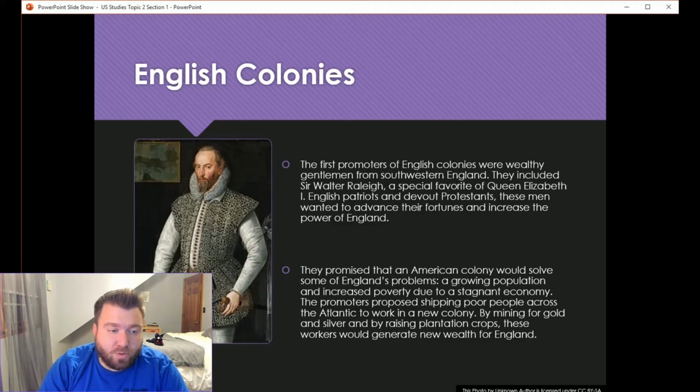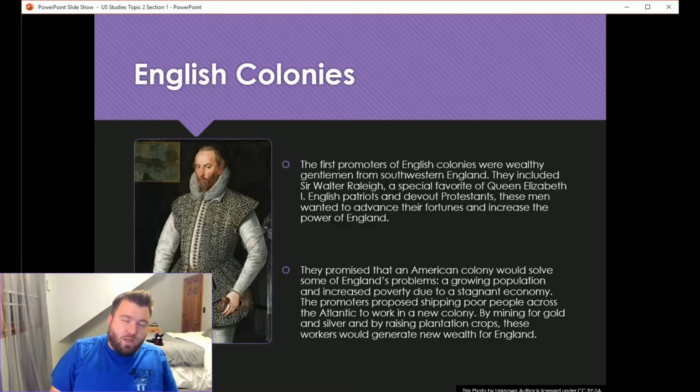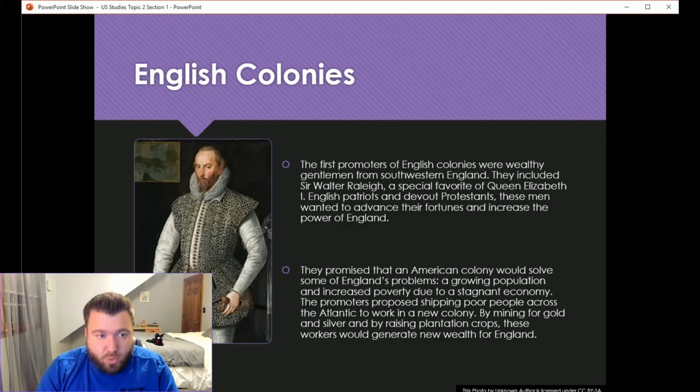So one of the major problems that England was facing at this time was high poverty and high unemployment. Partially due to the Columbian Exchange, we have a vast, quick growth in population in England. And now, if you have all these people, there has to be housing, there has to be jobs, there has to be food, and England was seeing a lot of shortages.